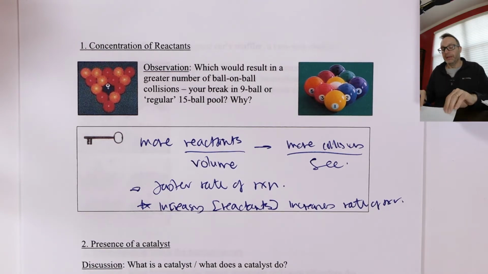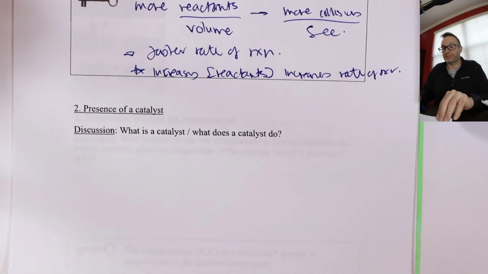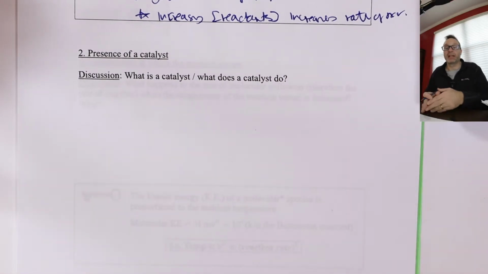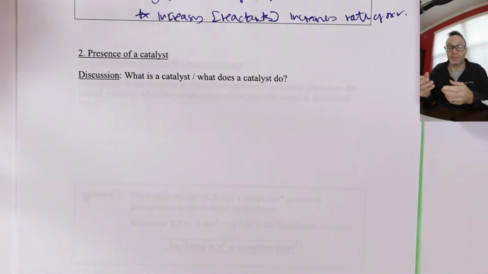All right, next one, catalyst. As I mentioned, a catalyst is something that speeds up the rate of reaction without getting involved chemically, so it doesn't turn into something else. It's not a true reactant, it's a pseudo-reactant.